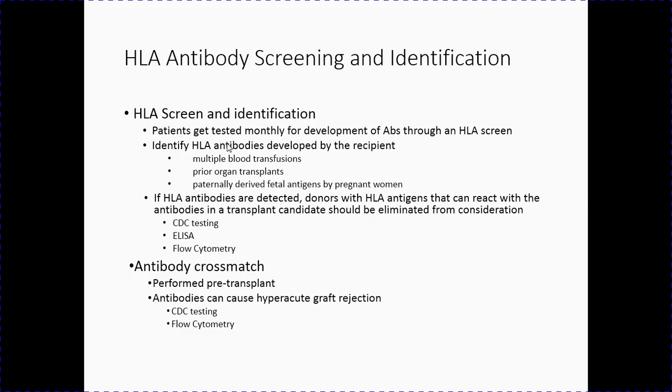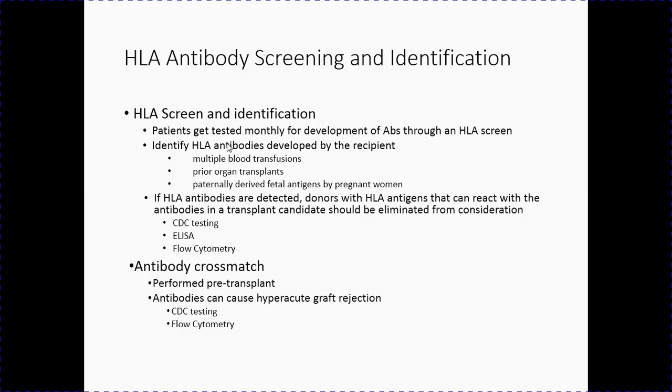So we've talked an awful lot about testing for HLA antigen. Well, you know what? Antibodies are important too. And we know that the recipient, under certain circumstances, can develop HLA antibodies. We talked about it earlier.